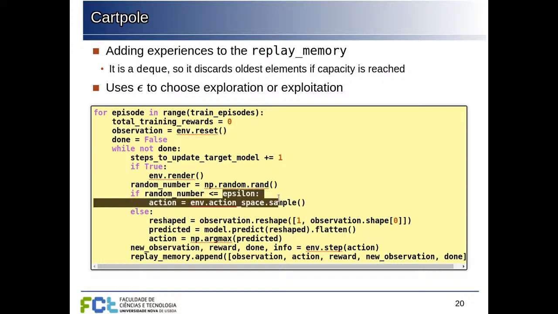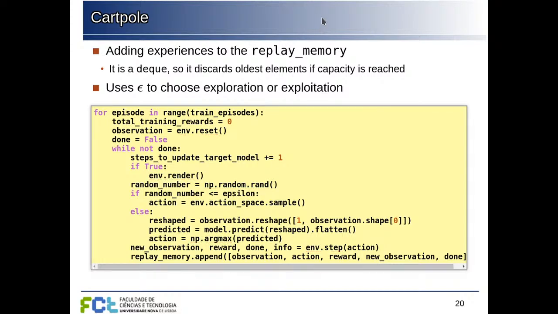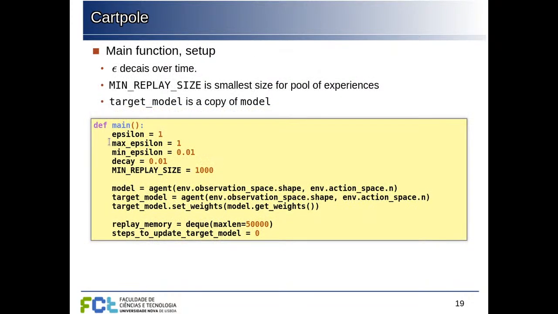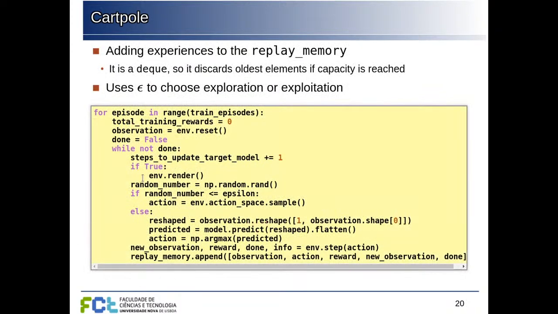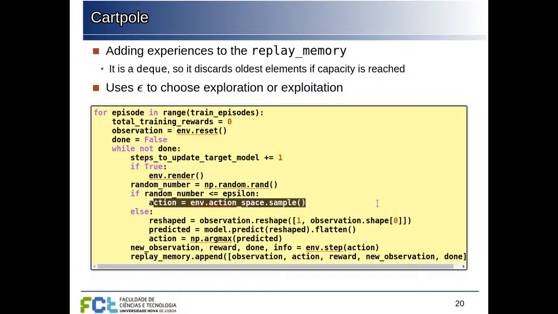Depending on this epsilon value, this is a decaying epsilon greedy exploration, where the epsilon starts at 1, but then decays gradually until it's only 1% here. Depending on where we are, if the random number is lower or equal to epsilon, we take a random action. Otherwise, we take the action predicted by the model.